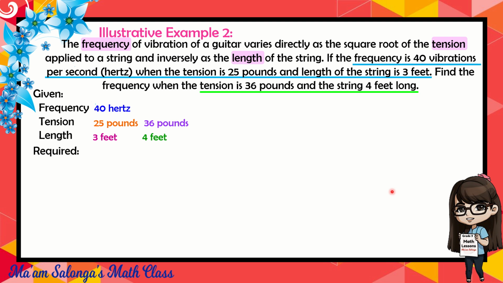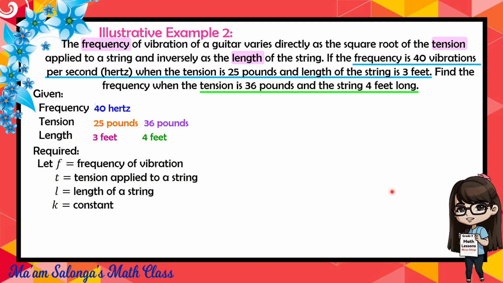As required, we need to assign variables for these quantities. So let F be equal to the frequency of vibration of a guitar, T be equal to the tension applied to a string, L be equal to the length of a string, and K be equal to the constant.